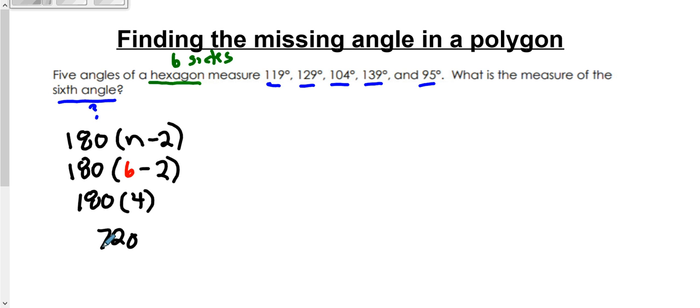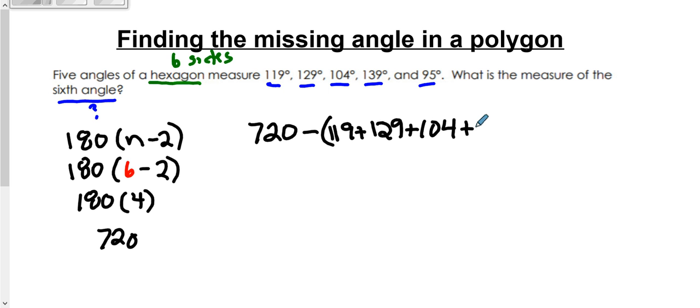Okay, so next we're going to find out how to get our missing angle. You're going to take the total of 720 and subtract each of the angles. I'm going to add 119 and 129, plus 104, plus 139, plus 95 together, because you're going to end up subtracting the sum of the rest of these angles.